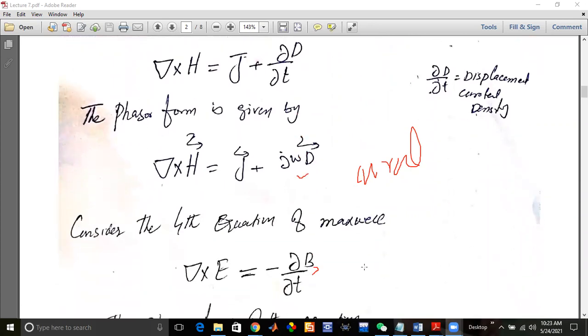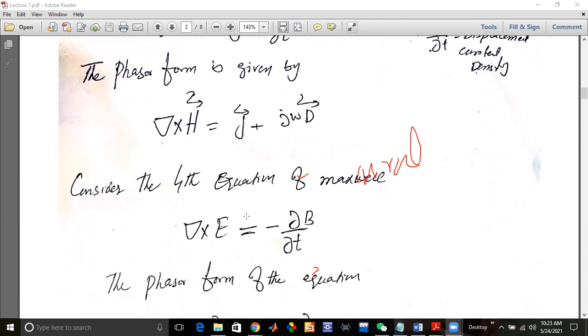The fourth and the last equation of Maxwell is that the curl of the electric field intensity E is equal to minus partial derivative of B with respect to time. And what is B?